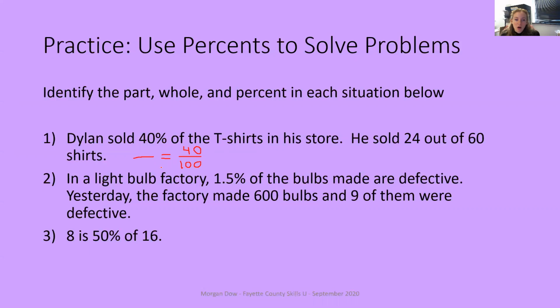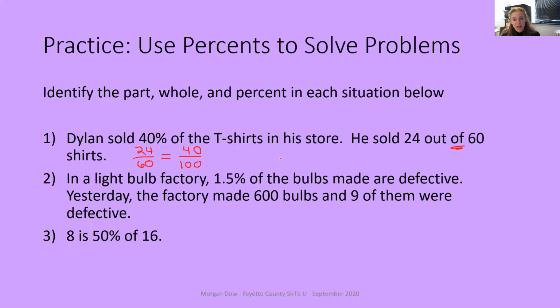And then what is the whole? So the whole in this problem is 60, right? It's 24 out of a total of 60. So we've got a total of 60 shirts, and then he sold 24 of them. So 24 is the part. So that's what this would look like if we set up the situation as a proportion.